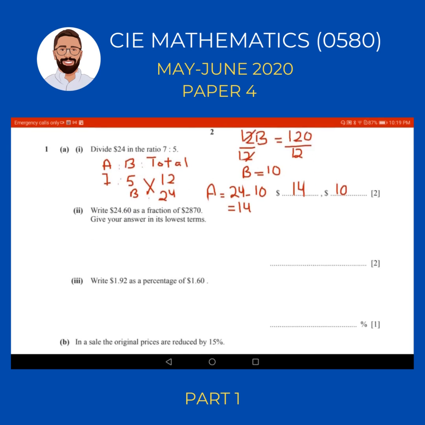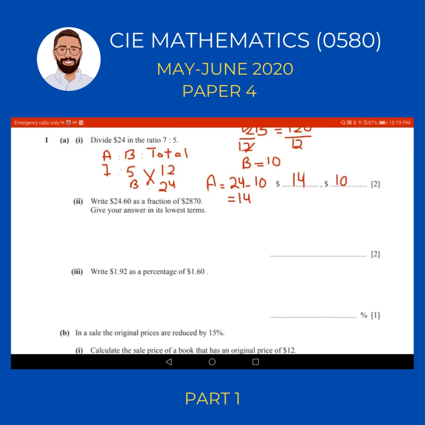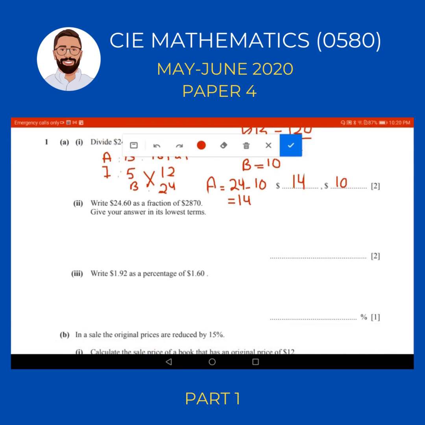Now in (a)(ii), it says write $24.6 as a fraction of $2,870. Give your answer in its lowest terms. So I'm going to divide 24.6 by 2,870.